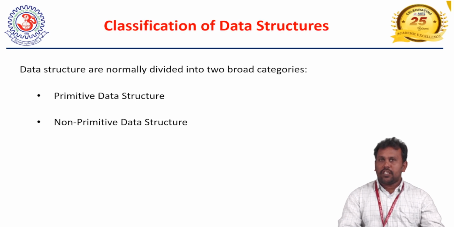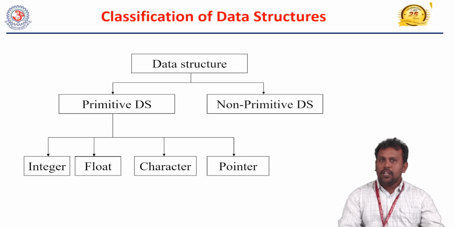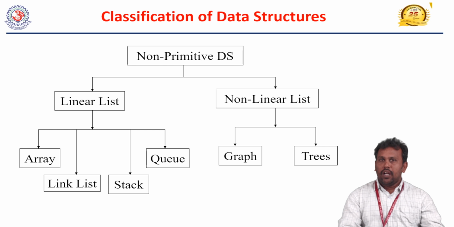The data structure can be classified into two types: primitive data structures and non-primitive data structures. Primitive data structures are integer, float, character, and pointer. Non-primitive data structures can be divided into two further types: linear lists and non-linear lists.